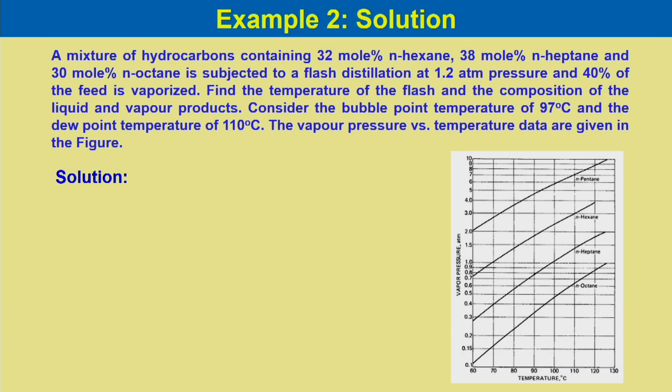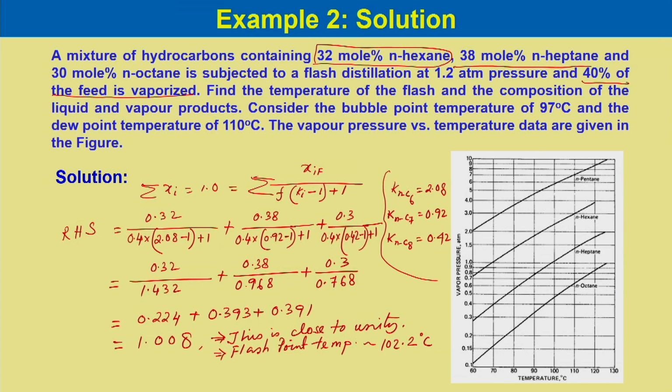Now, the liquid composition, as we can see from this relation. From here we can get the composition of n-hexane, this is the composition of n-heptane and this is the composition of n-octane.